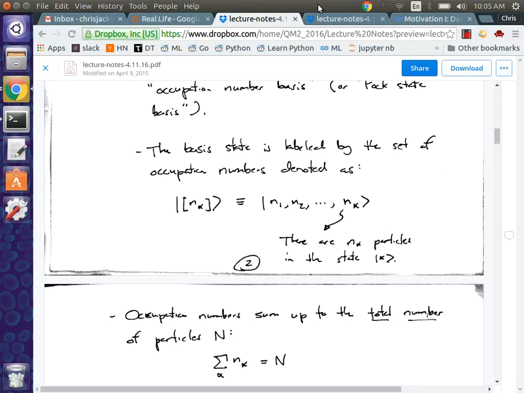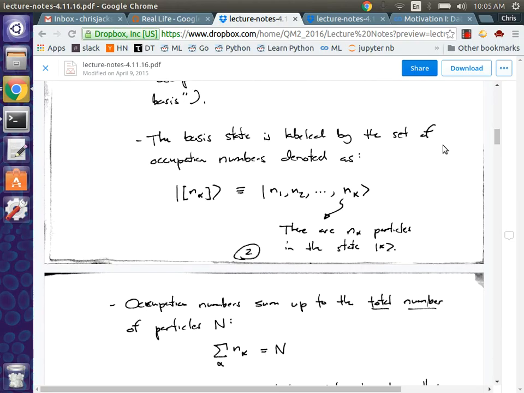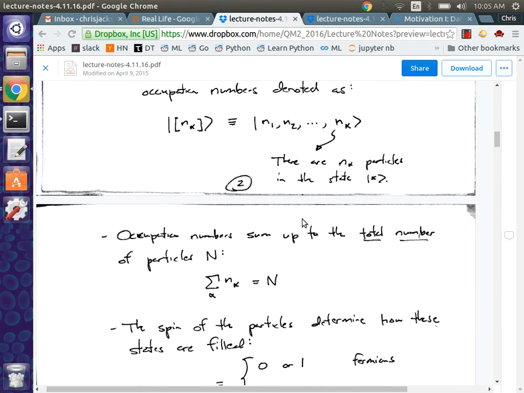And so we decided to work in the second quantization way where we build states, kets that look like this, right, where these guys are called occupation numbers. So this would be the number of particles that have, say, some eigenvalue K1, and these are the guys that have K2 and so on and so forth.